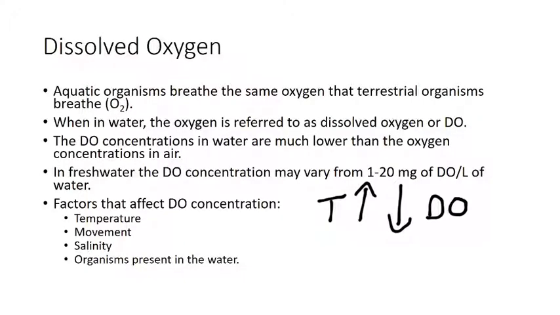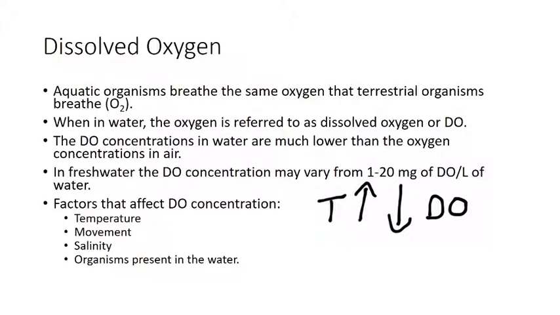If you heat up a soda like a Coke, the carbon dioxide inside that soda will start to bubble out. If you were to leave a closed can of Coke in a hot car in the window, it might very well explode because a bunch of the carbon dioxide that's dissolved in the water will come out of solution and build up pressure. So as temperature goes up, dissolved oxygen levels go down.